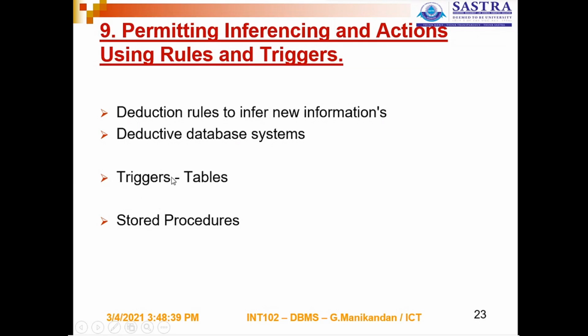So trigger is nothing but a stored procedure. Whenever that event happens, the trigger will be executed. Suppose you have associated a delete trigger with a particular table, it means whenever a record is deleted from the table, this trigger will get executed.